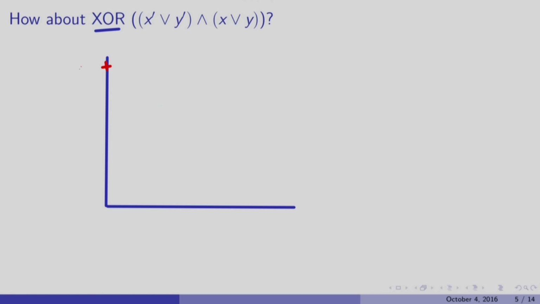So this is the case when y is 1, x is 0, or x is 1 and y is 0. Otherwise, for y is 1, x is 1 and y is 0, x is 0, it is turned off. So you are trying to learn to classify between the plus and the minus.